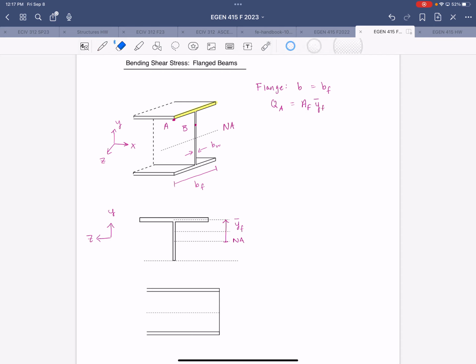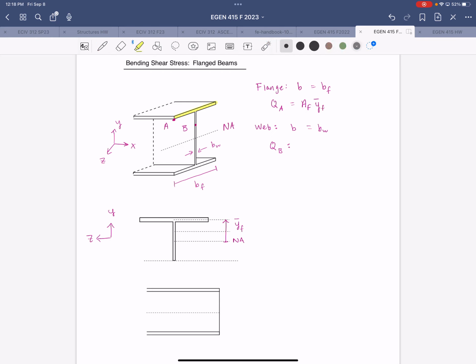For the web, B would be equal to BW, and for Q for point B, we would consider where this point is located and then all of the area above that point.